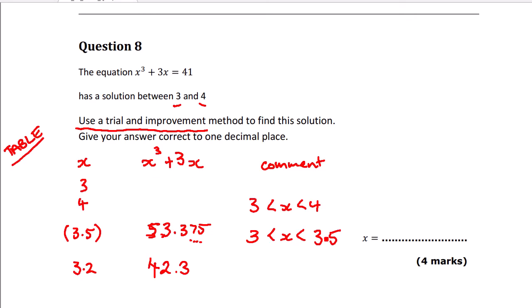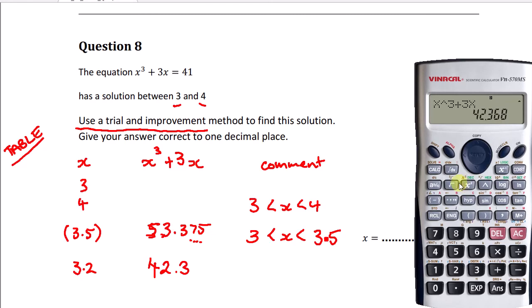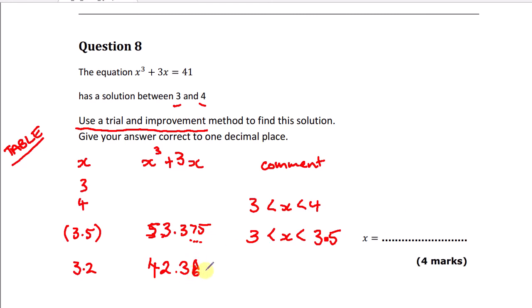Those aren't truly that necessary. So we know the number's somewhere between 3 and 3.2.